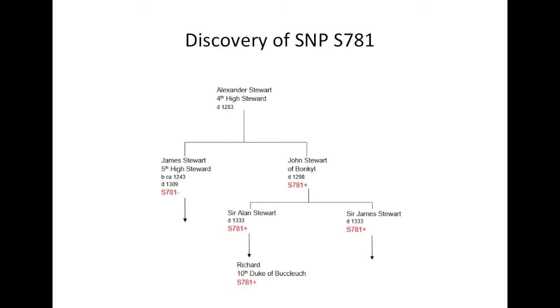Similarly, a descendant of Sir John Stewart's older brother, James Stewart, 5th High Steward, was tested and did not carry the S781 SNP. And so, the deduction was that S781 must have occurred in that specific individual, the named historical individual, John Stewart of Bonkell.